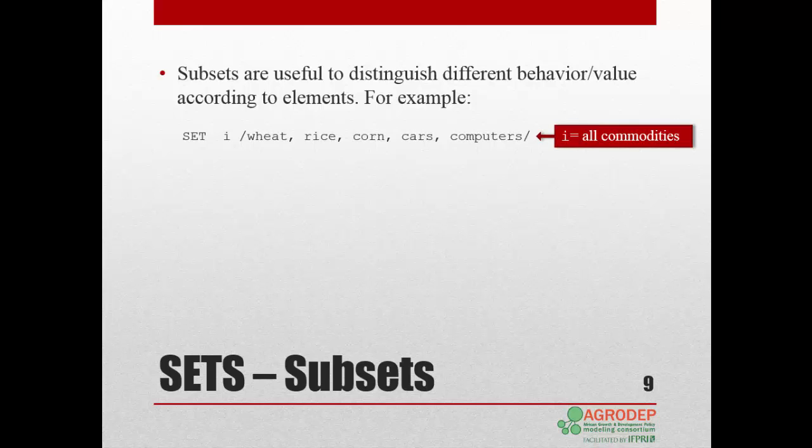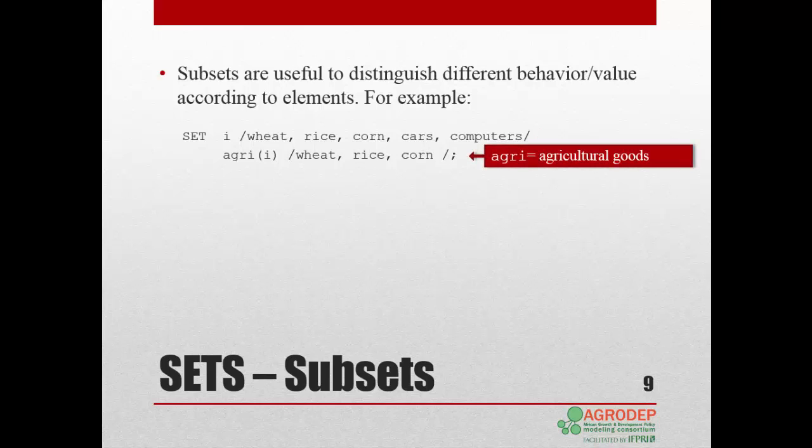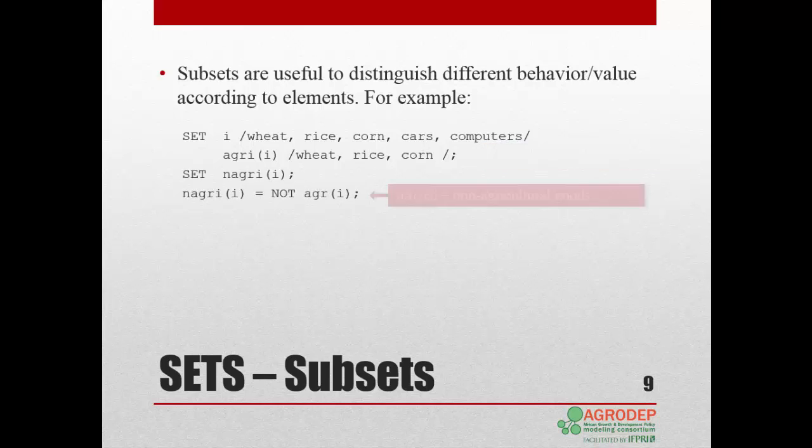For example, let I be the set of all commodities and a subset Agri containing all the agricultural commodities. We also define a subset non-agri which contain non-agricultural commodities. As previously, we define non-agri by using the complement assignment.